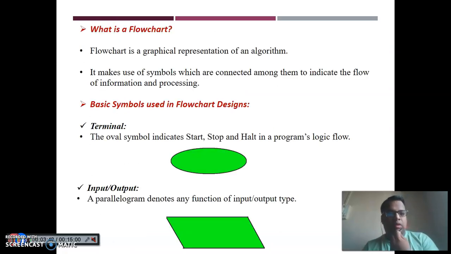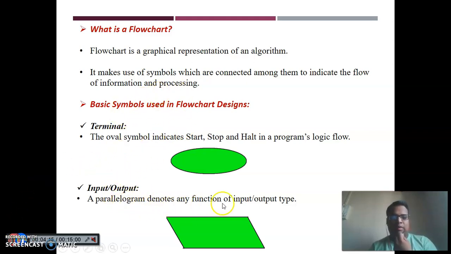Okay. So what is a flowchart? A flowchart is a graphical representation of an algorithm. It makes use of symbols which are connected among them to indicate the flow of information and processing. The basic symbols are, the first symbol is terminal. The oval symbol indicates the start and stop of the program logic flow. Second symbol is input-output.